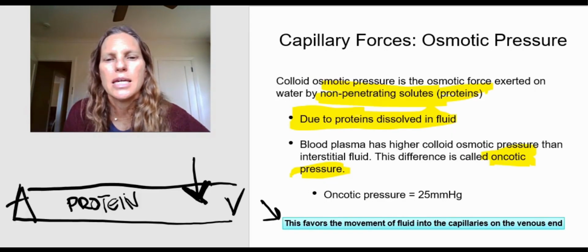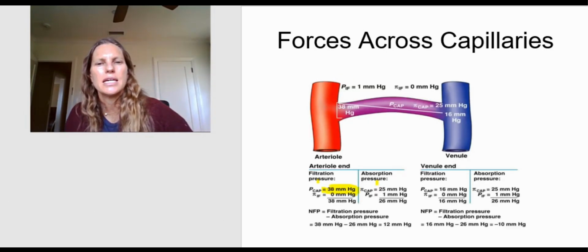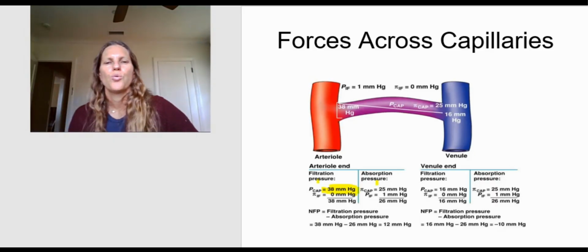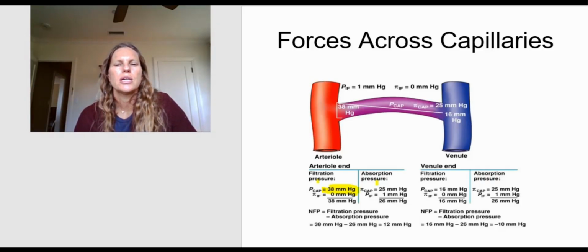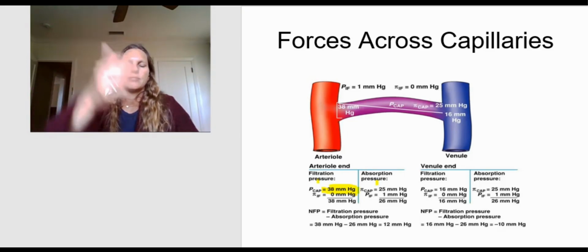Then what we're going to see is absorption pressure. On the capillary end, we've got 25 millimeters of mercury due to the protein and 1 millimeter of mercury due to the pressure in the interstitial forces outside.